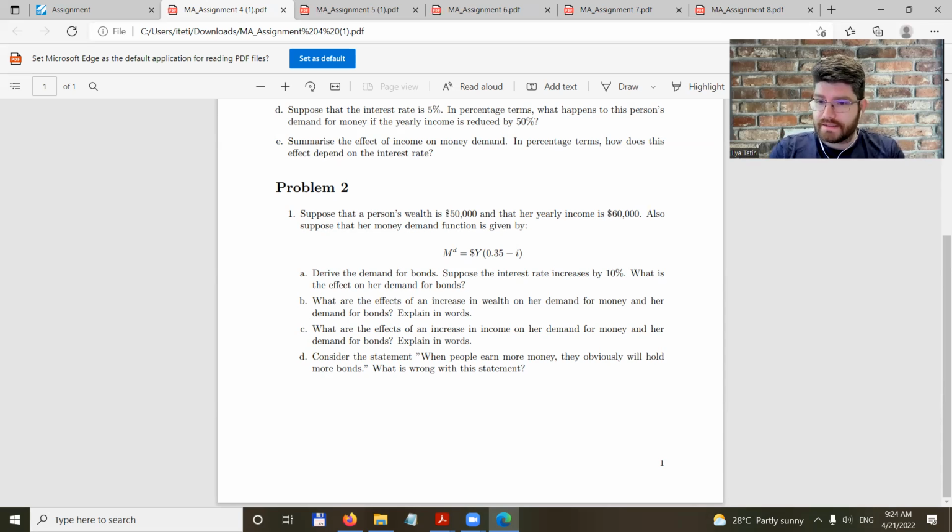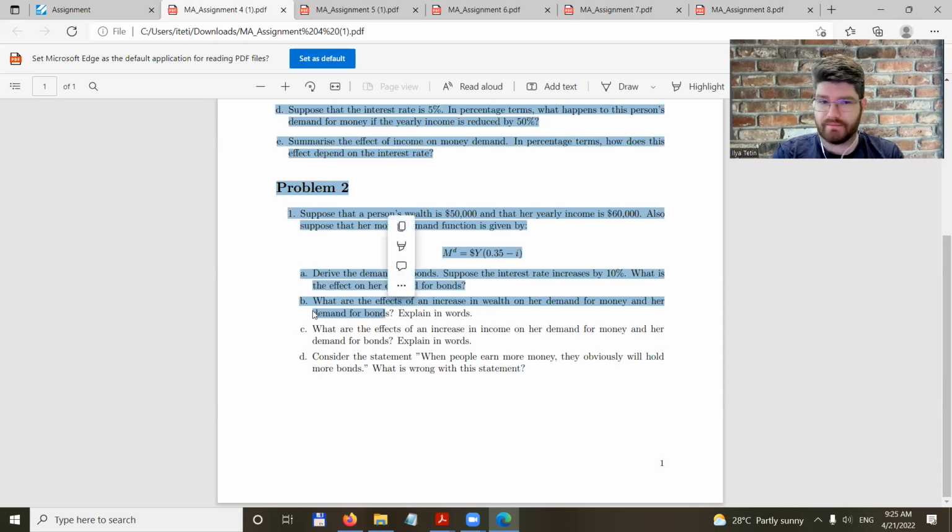Okay, next, number B. What are the effects of an increase in wealth? An increase in wealth increases bond demand. If the wealth becomes greater, it does not affect money demand, which depends on income.